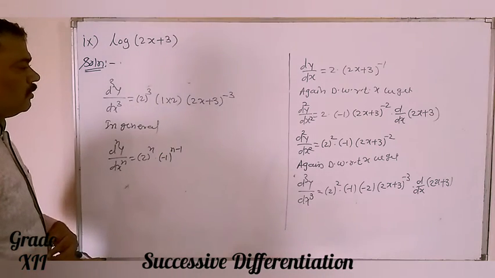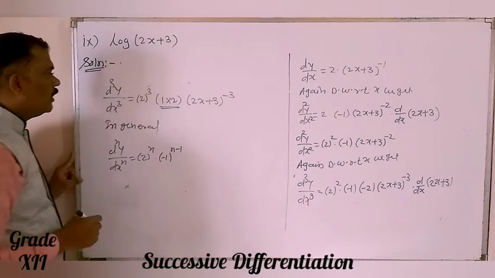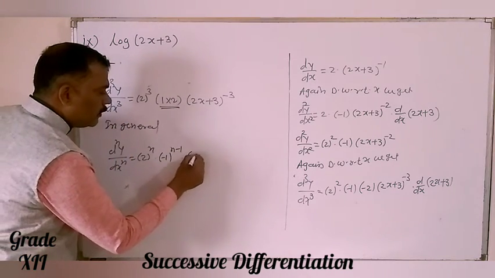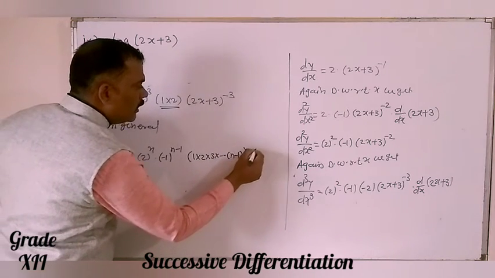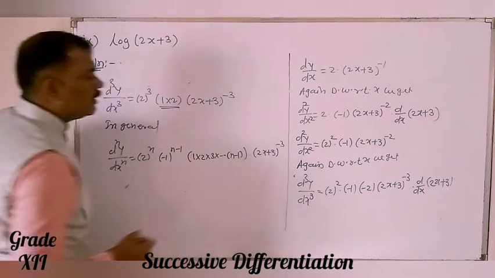Okay, also we have to discuss that this coefficient 1 into 2. Here third order derivative 1 into 2. For nth order derivative we can write 1 into 2 into 3 into so on n minus 1 into (2x + 3) raised to minus 3.